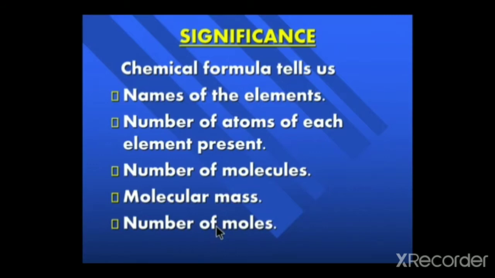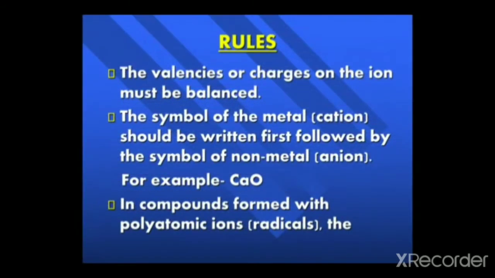So here you are able to write the significance of the chemical formula. Means you can now state what is the importance of writing the chemical formula, and we have achieved second learning outcome.